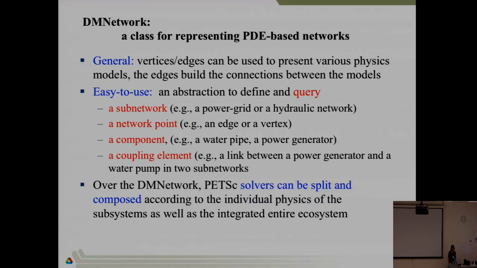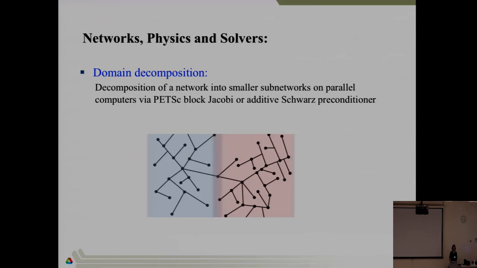So over the DMNetwork, you can use the PETSc solver. Remember, this was developed for using PETSc solvers, in particular hierarchical composable solvers. For PETSc, there are 3 types of solvers very useful for DMNetwork. One is domain decomposition. Domain decomposition is for decomposition over multiple computing processes, right?